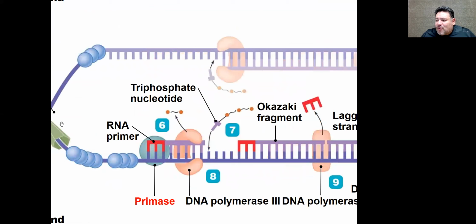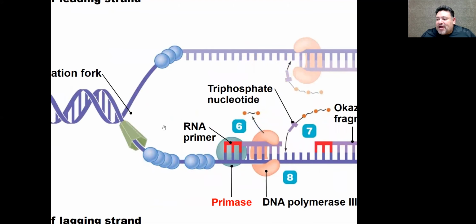And then the replication fork opens again, the primase attaches, makes another RNA primer. Then the DNA polymerase attaches and polymerizes a little bit. Then the replication fork opens again, another primase attaches over here, and another primer gets made. Then DNA polymerase attaches and makes another little piece right here, okay?